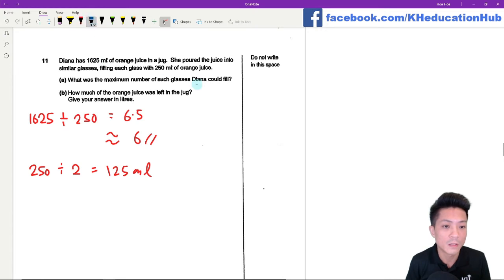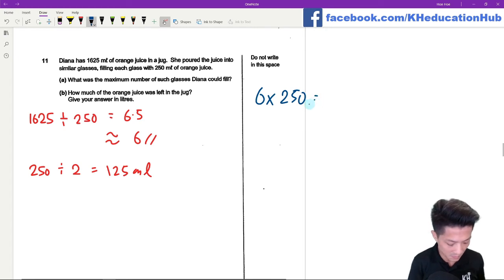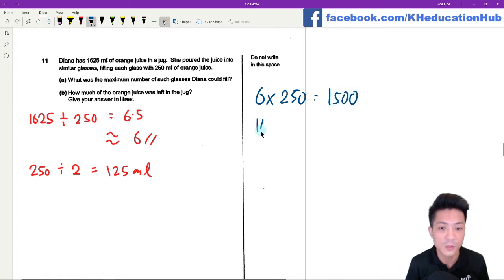Or, use 6 times 250, which gives you 1500 ml, and then after that you use 1625 minus 1500. You'll get the same answer, 125 ml.